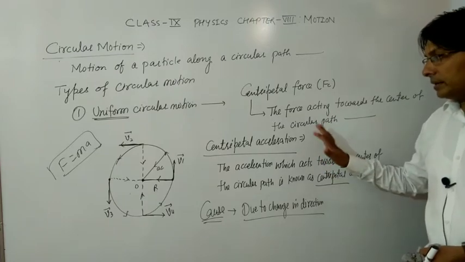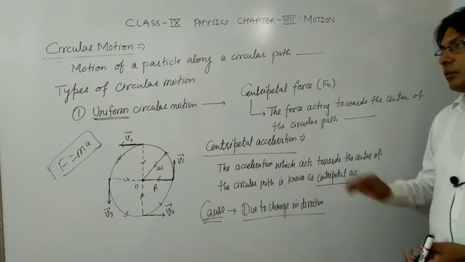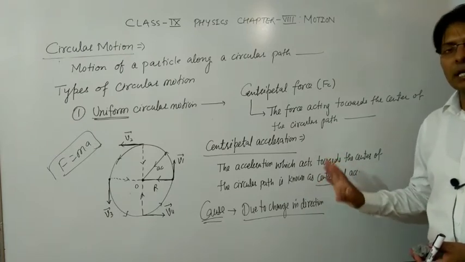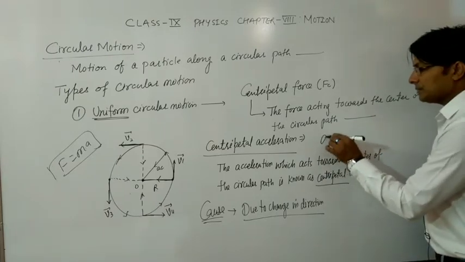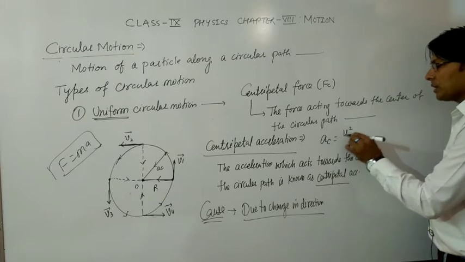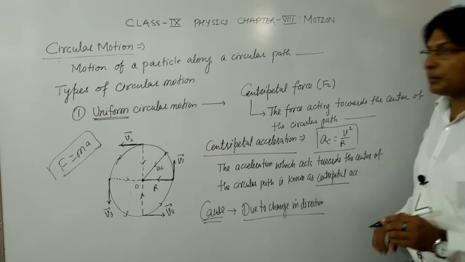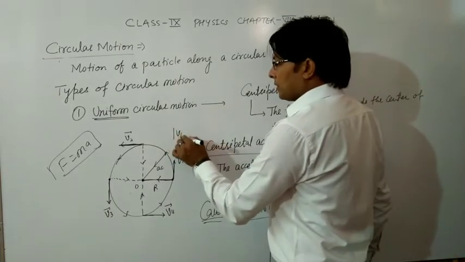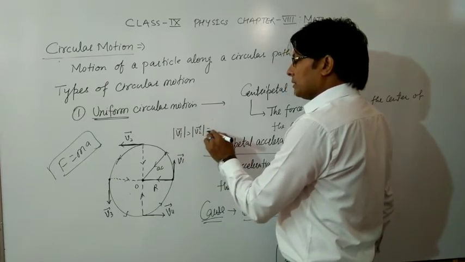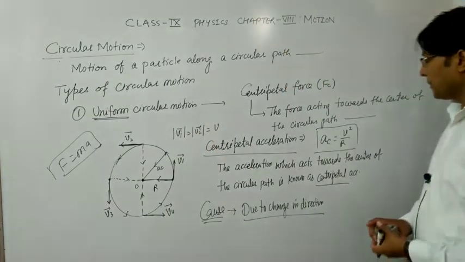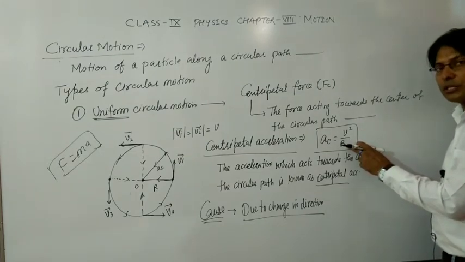Now in 11th class we will derive the formula of centripetal acceleration, but for the time being, for 9th class, you can keep in your mind that the formula of centripetal acceleration is a_c equals v squared upon r, where v is the speed of the particle, the magnitude of v1, v2, v3, denoted by v, and r is the radius of the circular path.